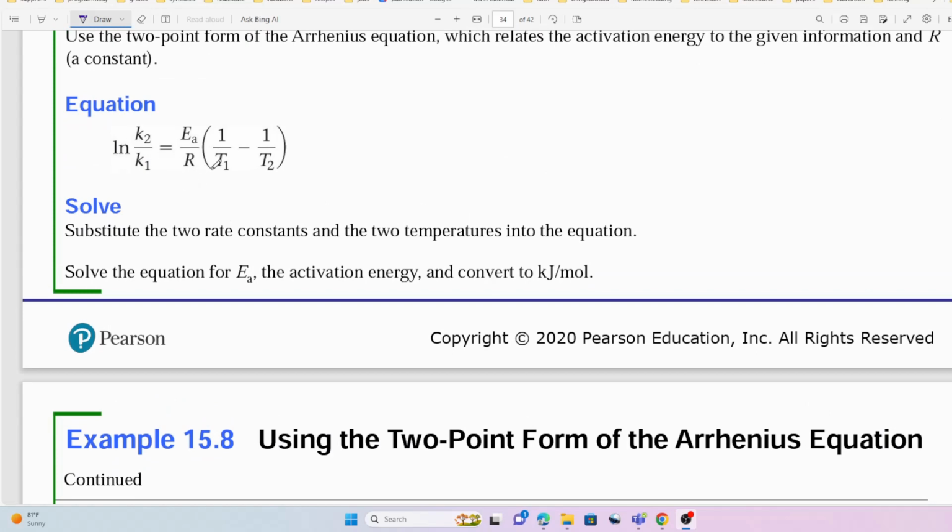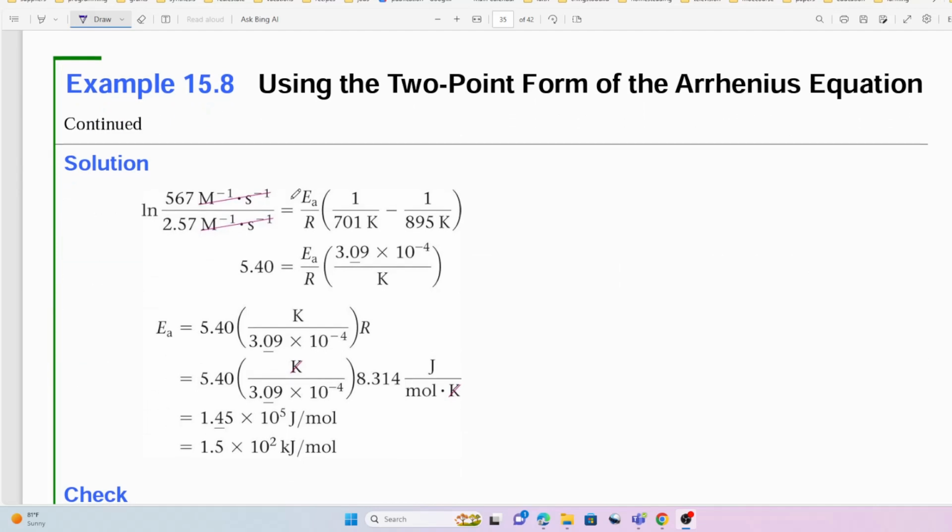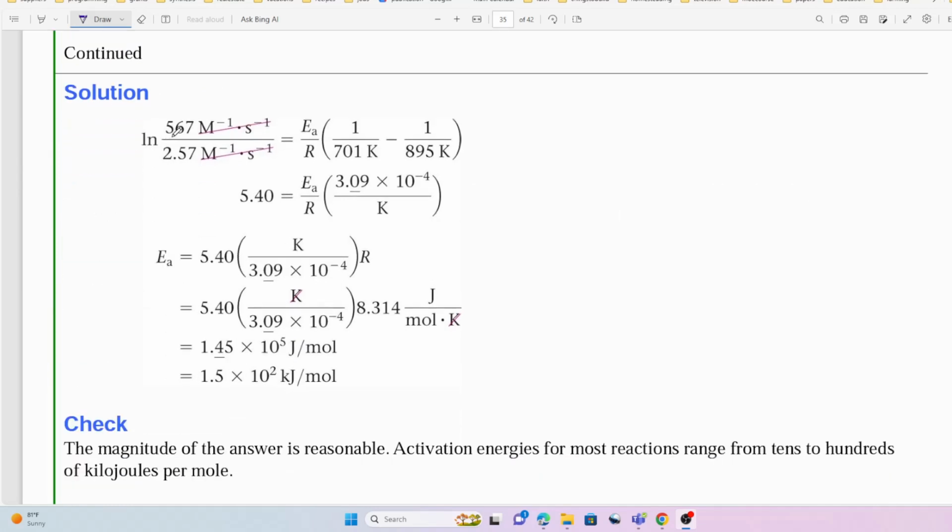And of course, R is just the gas law constant in energy units. So we can plug everything in. ln of 5.67 over 2.57 equals EA over R times 1 over 701 minus 1 over 895.